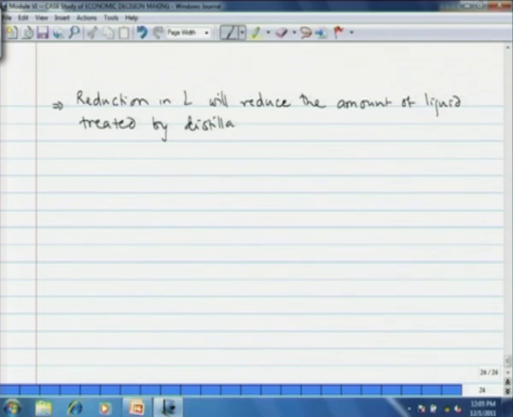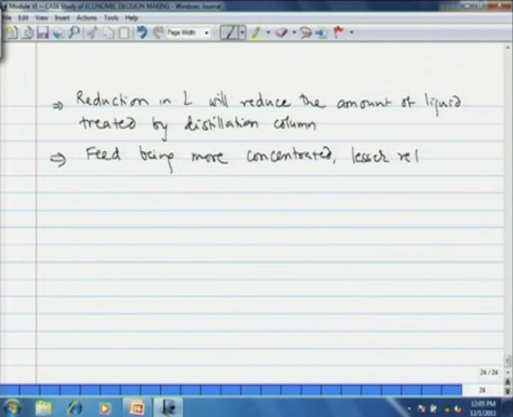So, the load on distillation column will reduce, the feed will be more concentrated. Therefore, you can have a lesser reflux ratio. Feed being more concentrated, lesser reflux ratio would suffice.